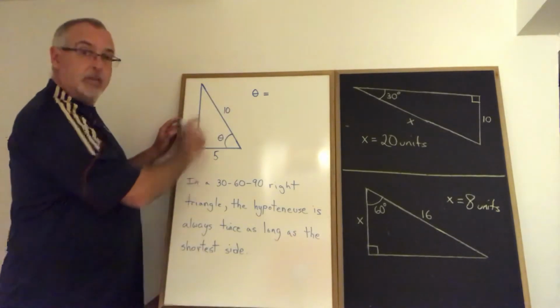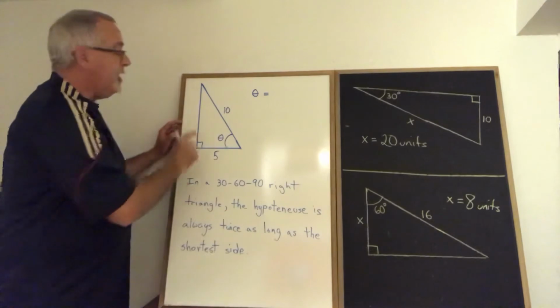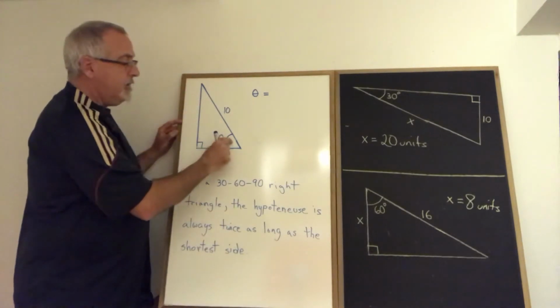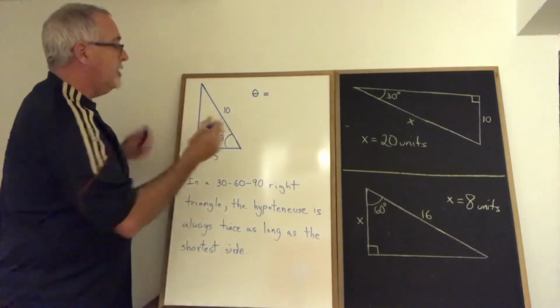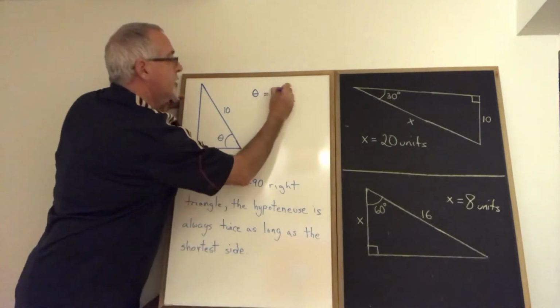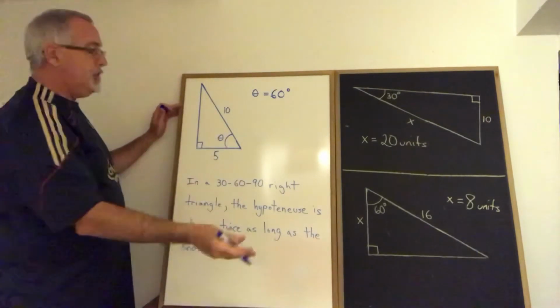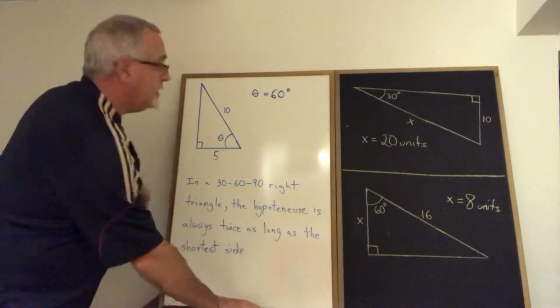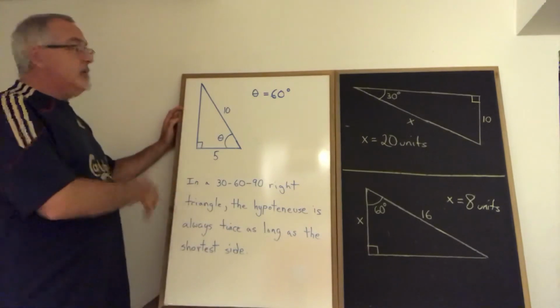That means this must be 30, 60, 90. And the 30-degree angle has to be opposite the shortest side. Therefore, this angle theta that is being asked for has to be the 60-degree angle. My justification, this rule.